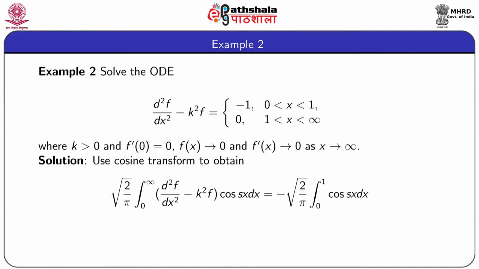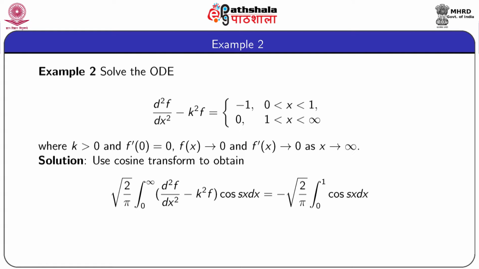In example 2, we are to solve the ordinary differential equation given by d2f/dx2 minus k square f equal to minus 1 when x lies in the interval 0 to 1, and 0 when x lies in the interval 1 to infinity.